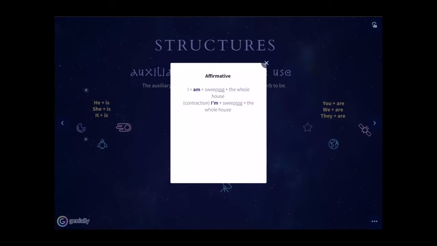This time the complement is the whole house, the ing verb is sweeping, the verb be is am, and the subject is I. We can contract this in just one form, and the contraction in the affirmative sentence is I'm. I'm sweeping the whole house.